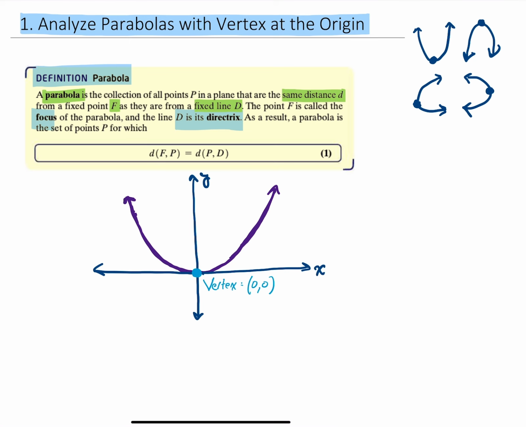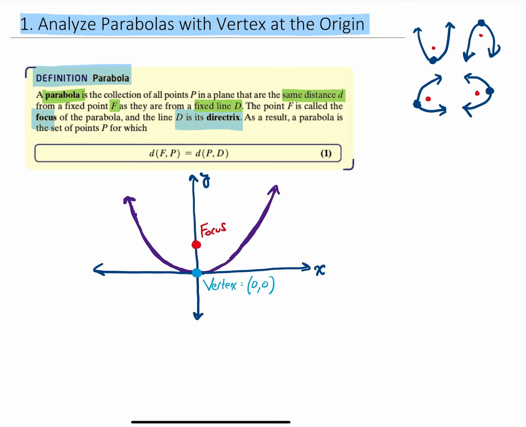Right now, we're saying it will be at 0, 0. So the focus will be some distance away from the vertex. It'll be aligned with the vertex, but inside the parabola. So we'll call this our focus point. The parabola always bends towards the focus. So we'll see different orientations. And in these little diagrams up here on the top right, on the first image, the focus would be in here. The second, the focus would be in here. And the third, the focus would be over here.